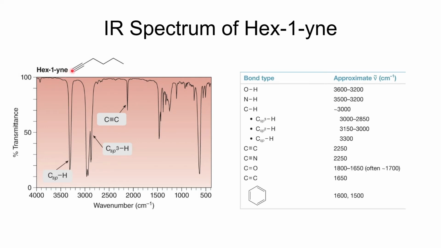So it has a carbon sp hybridized bonded to a hydrogen. And that's what gives us that peak at about 3300 right there. So very unique spectrum. You should be able to identify a terminal alkyne, and you should be able to distinguish between a terminal alkyne and an internal alkyne.